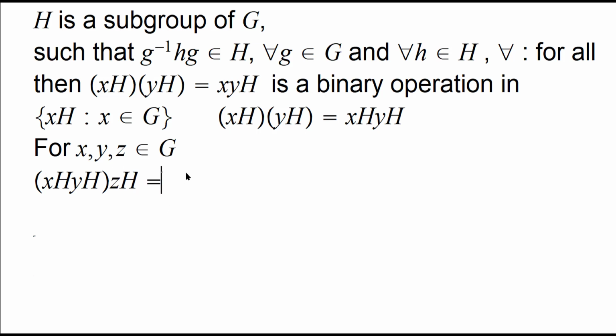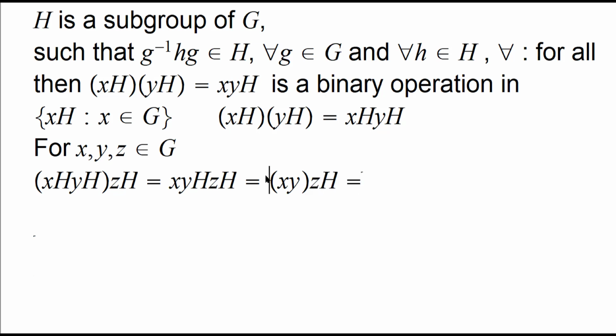So if we do this, what do we get? We get xyH times zH. So that will be, if you go formally, xyz times H, that's what this will become.